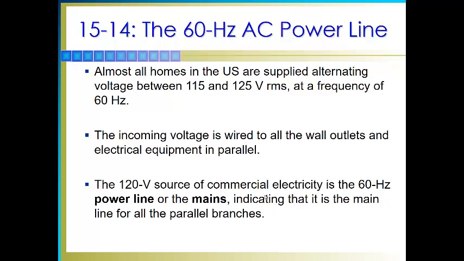Each cycle goes positive, negative 60 times per second. In some places outside the United States, like Europe, for example, I believe the frequency for the power lines for the electricity of the houses is 50 instead of 60.